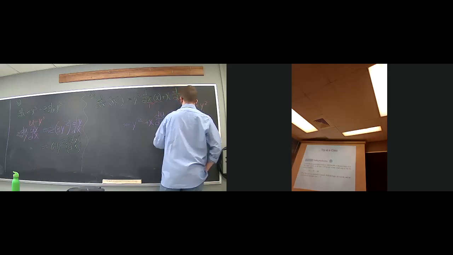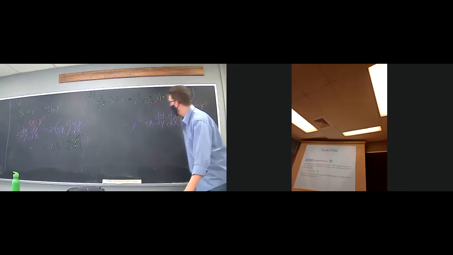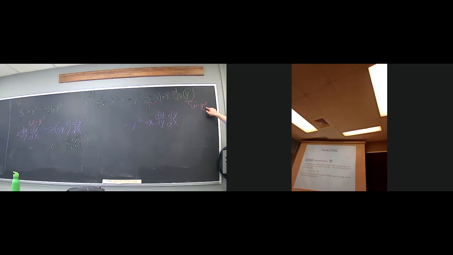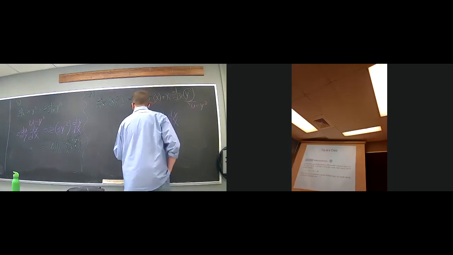My mistake, dx. Well, according to this equation, if u is equal to y squared, du/dy is going to come out to be 2y.